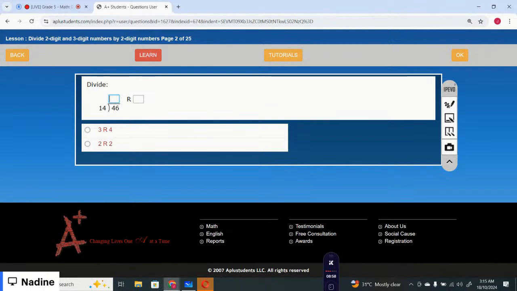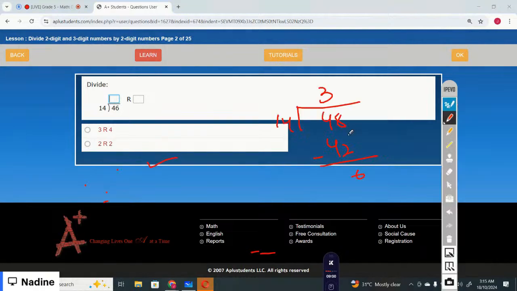Very good. That's option number 1. You can divide 46 by 14. 14 times 3 is 42, right? And you have the remainder 4. So that is option number 1, that is 3 R 4. Got it?